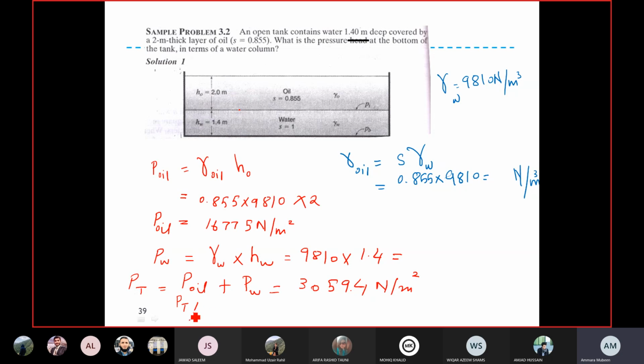Pressure head in terms of water column would be calculated like this, P divided by gamma W. So you would be dividing this total pressure with specific weight of water to get the pressure head in terms of water column.